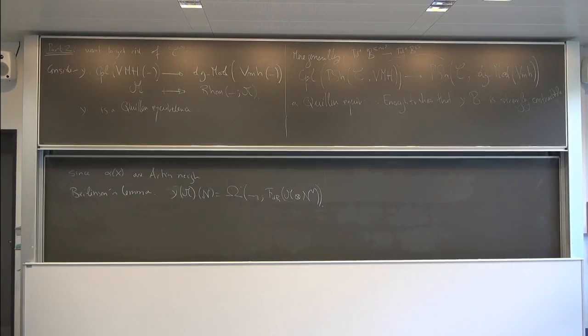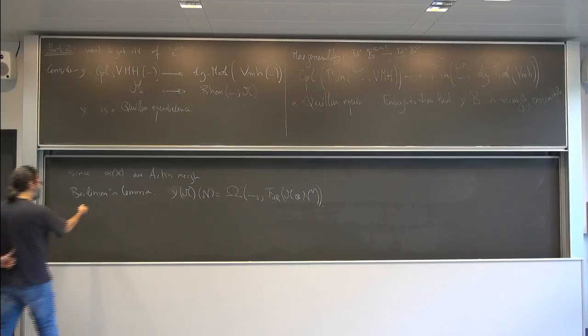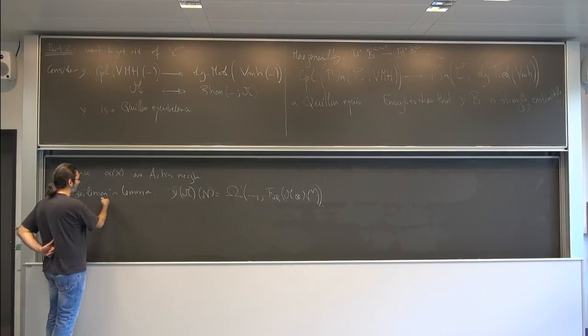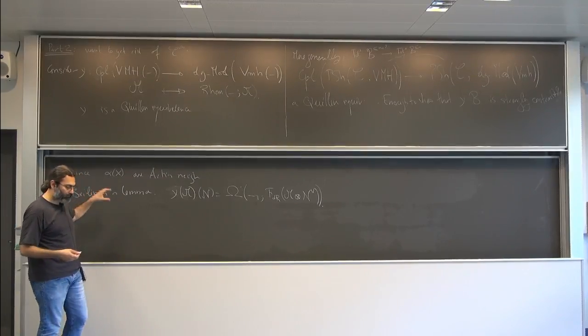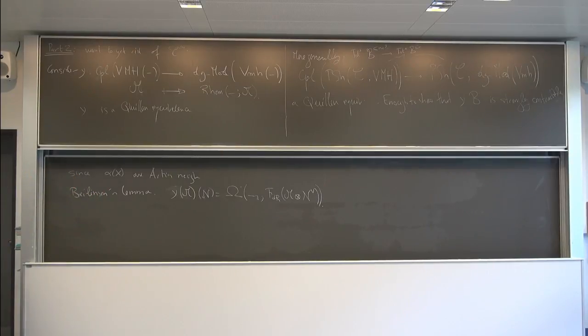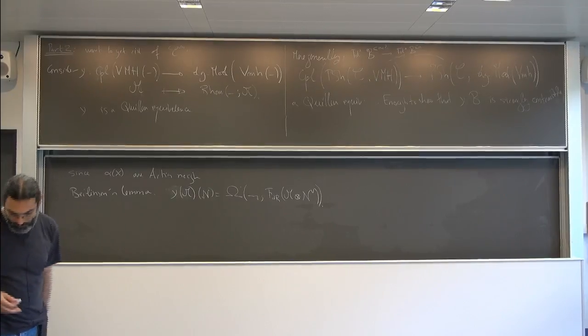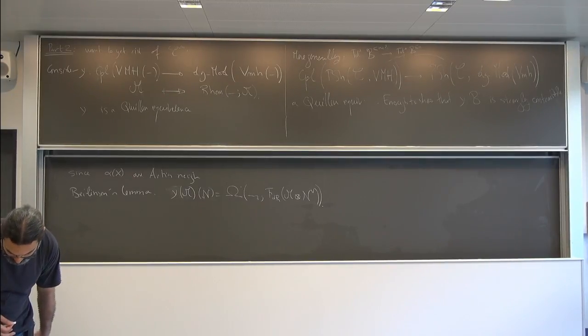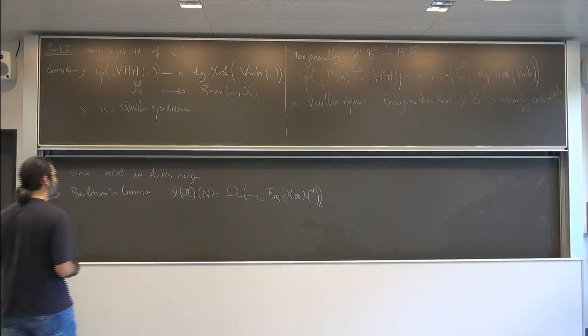This is slightly finer than what I used before. Before I was using that when you pass to the generic point, you have such a thing. Here I'm saying that it's actually true over Artin neighborhoods.